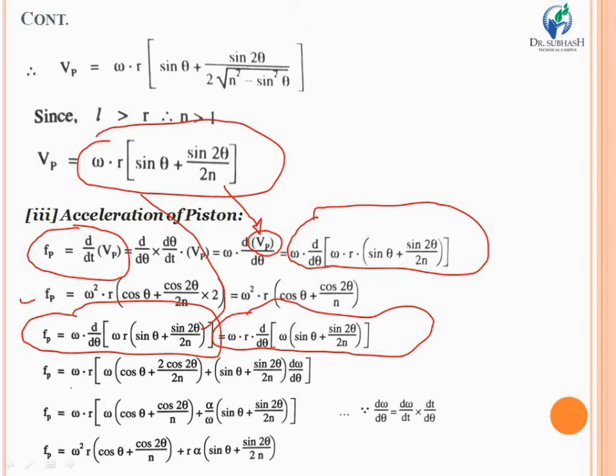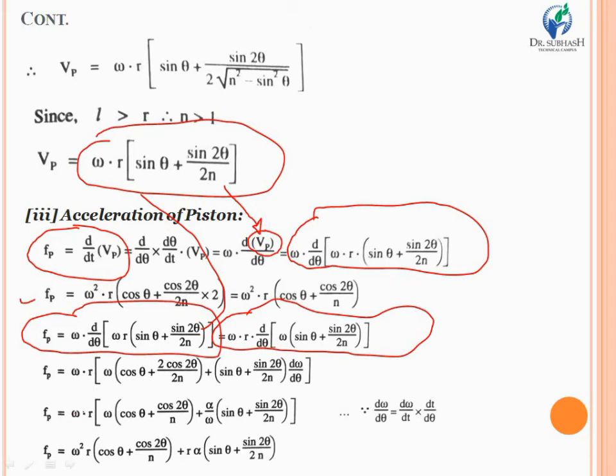With further simplification, it will become omega into r times (omega into cos theta plus cos 2 theta upon 2n, plus (sin theta plus sin 2 theta upon 2n) d omega upon d theta).